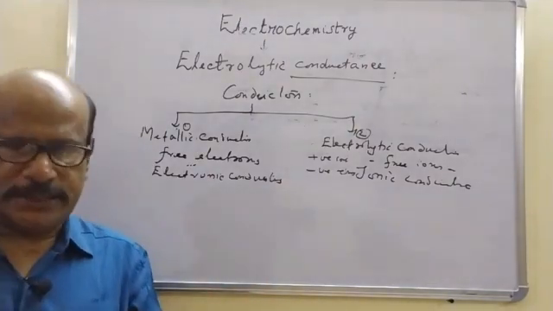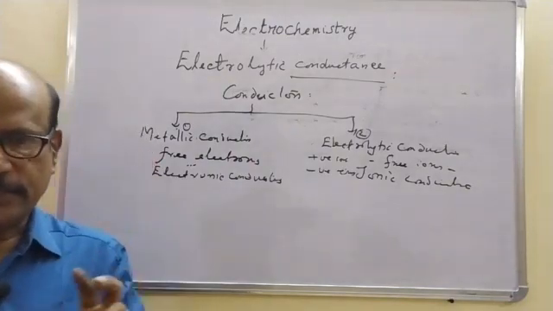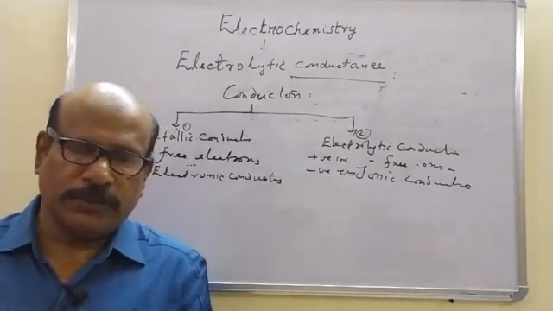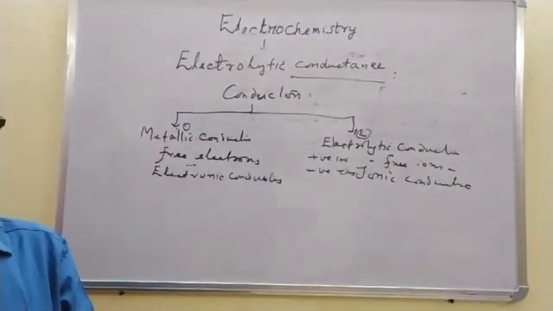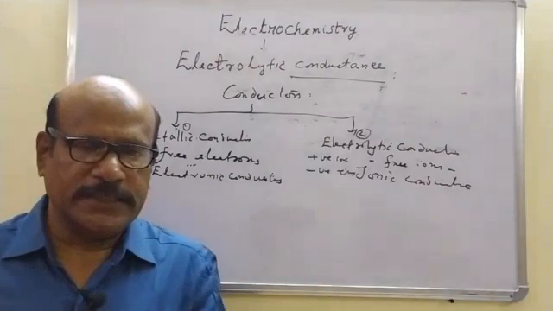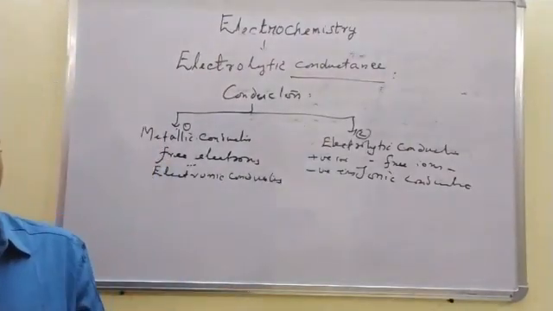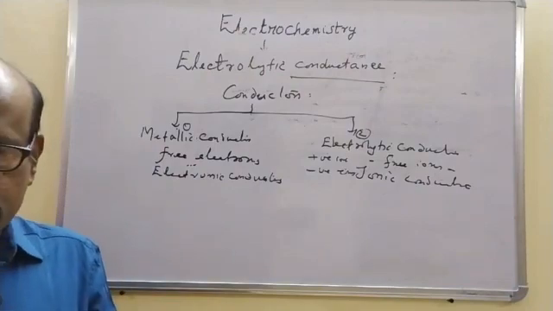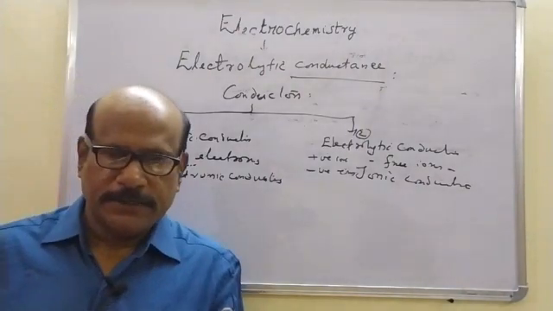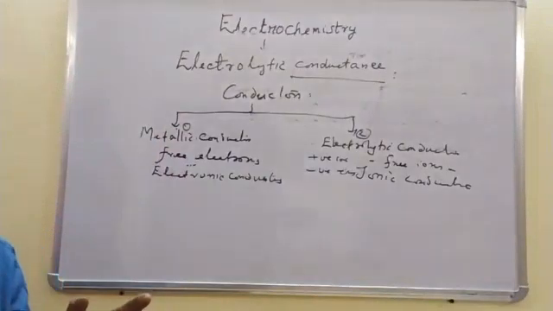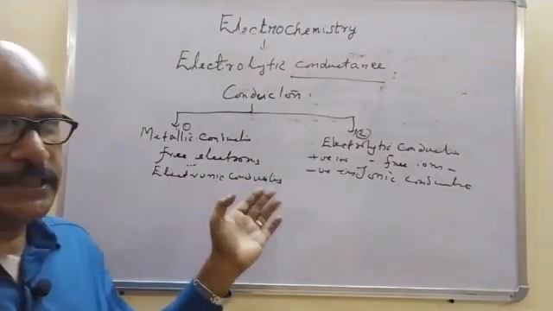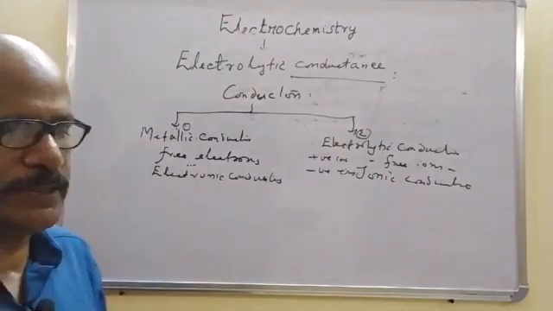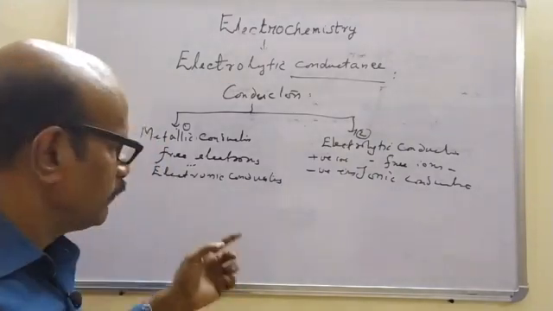You know that the electrons are moving towards a particular direction. What is actually happening is that as the temperature increases, the positive cores of the nuclei oscillate with greater amplitude, and they offer a sort of blockage to the free movement of the electrons, and thereby the resistance increases and conductivity decreases gradually with the increase of temperature in the case of metallic conductors.